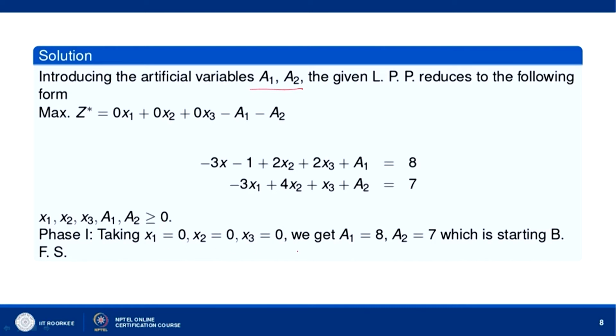Now, let us take the non-basic variables x1, x2, x3 to be equal to 0, then we get A1 equal to 8, A2 equal to 7, which is the starting BFS.